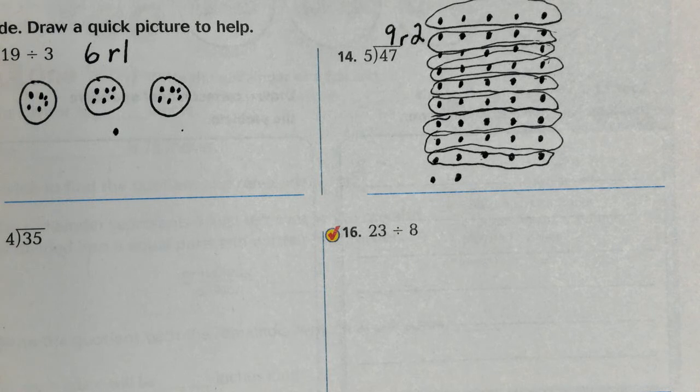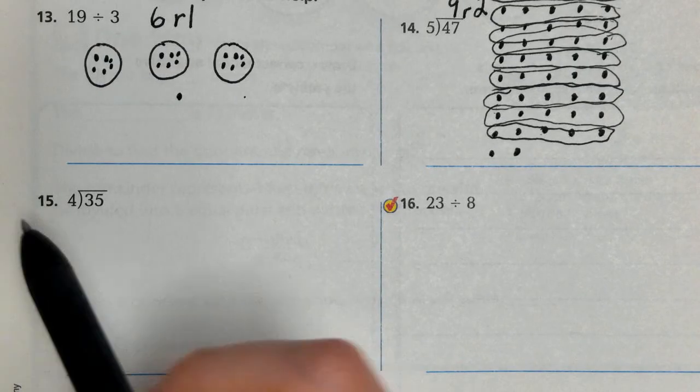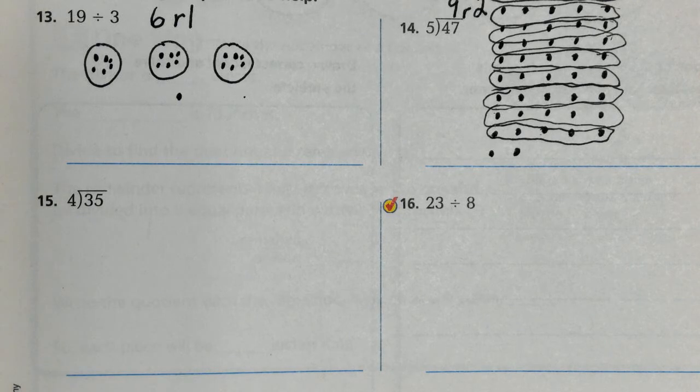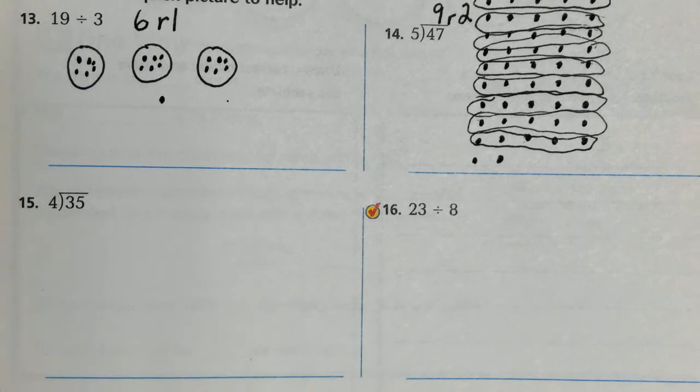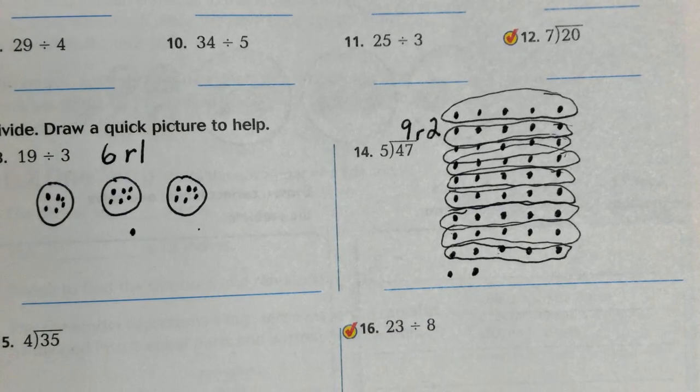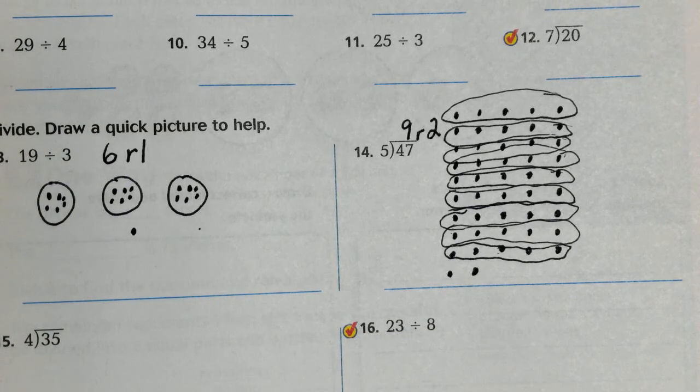All right. Do 35 divided by 4 that way. You can draw the circles with the dots, or you can draw the rows. Either way. Yep, you're doing number 15.